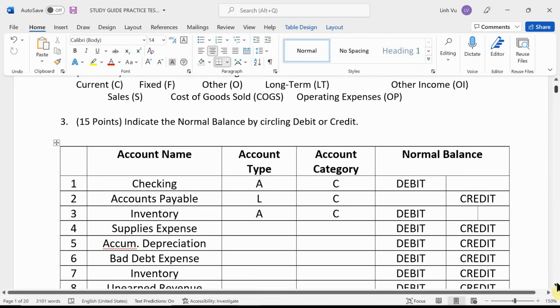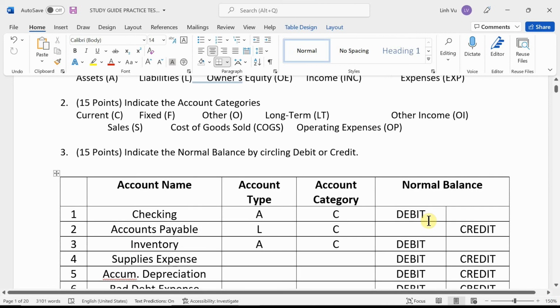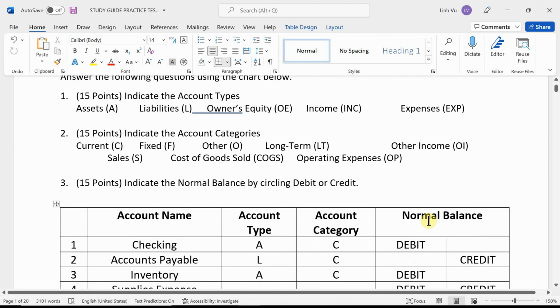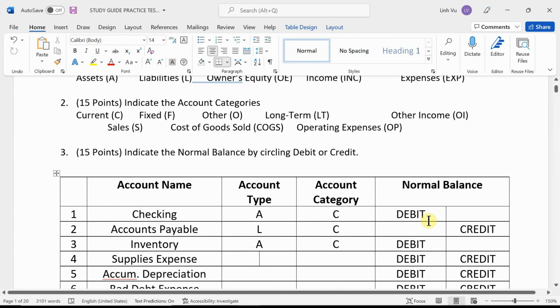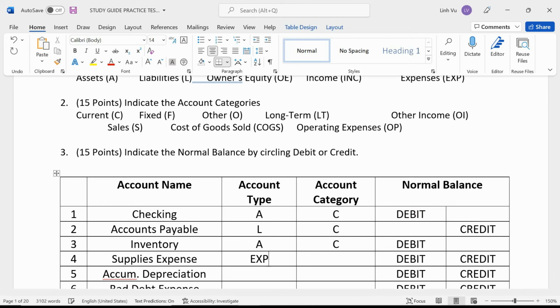All right, next one. Supplies expense. Expenses. Your dead giveaway or hint here is it has the word expense.